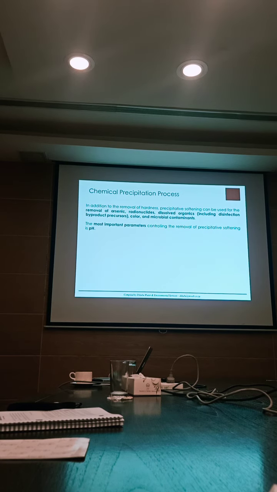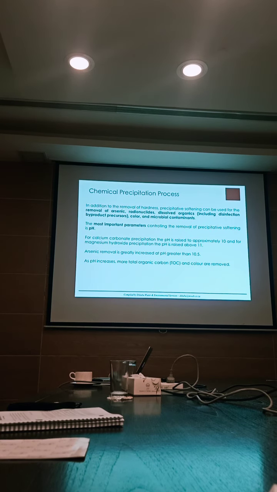We can engage in the detail. pH becomes important, and this is why. Typically, for calcium precipitation, a pH of 10. Magnesium, 11. Those are high. Arsenic, higher than 10.5. Total organics and color as we increase the pH.